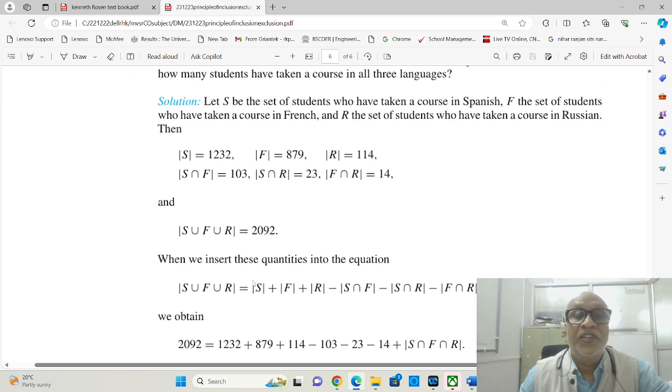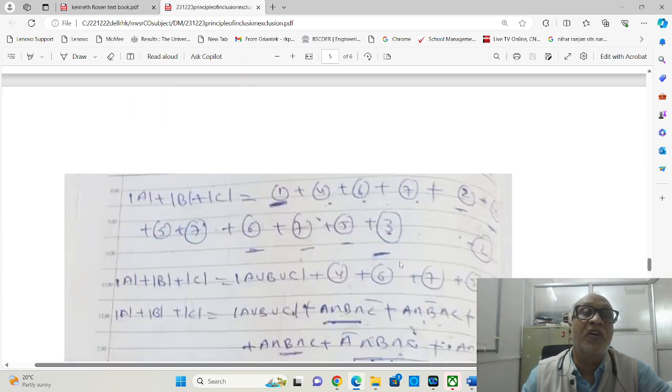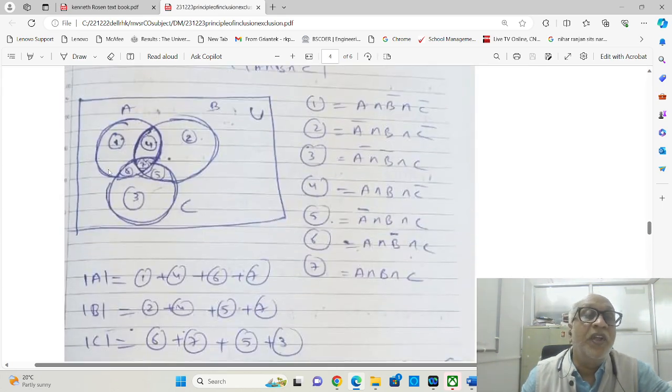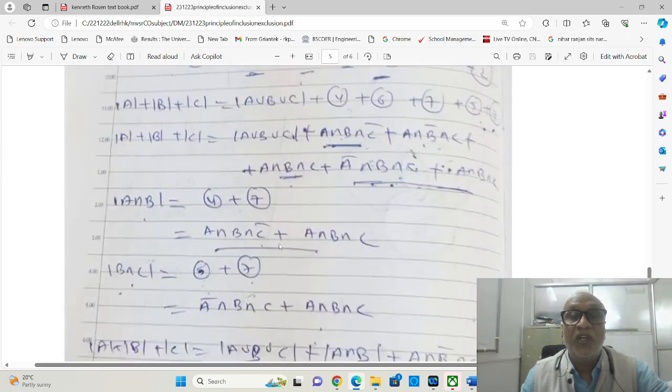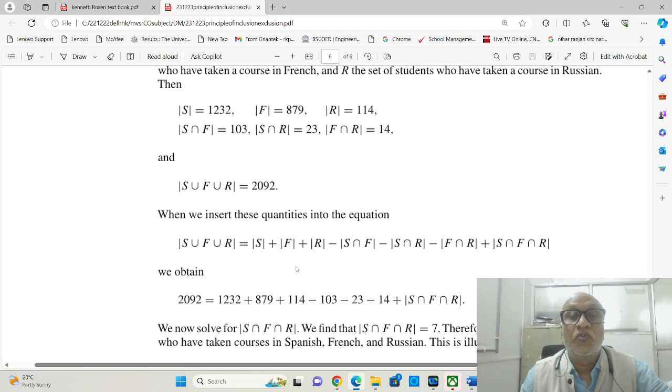So this is our formula. Number of elements for 3 sets is equal to number of elements of first set plus second set plus third set minus all the intersections plus the common element. What was the common element? We are referring to the common element here, the 7th portion.